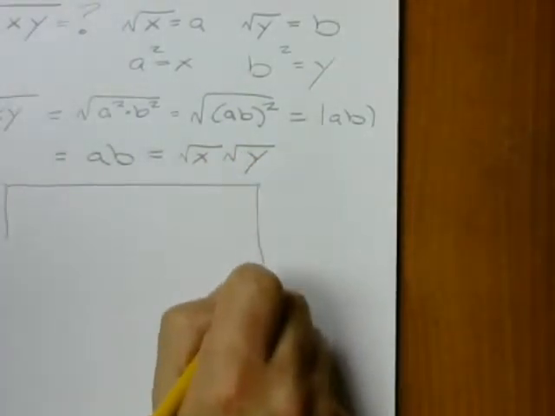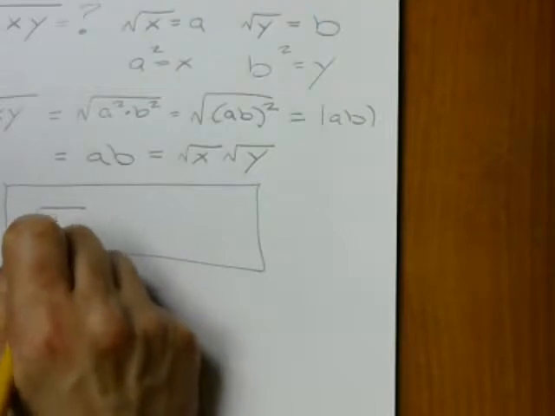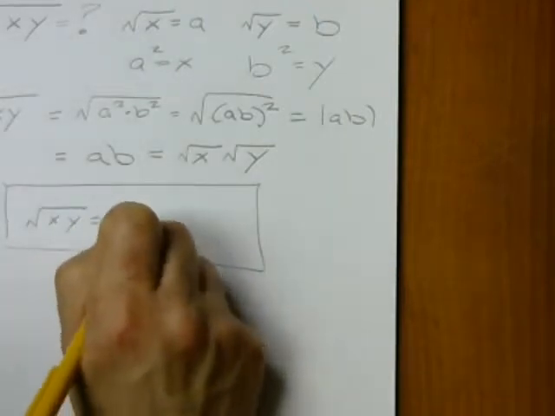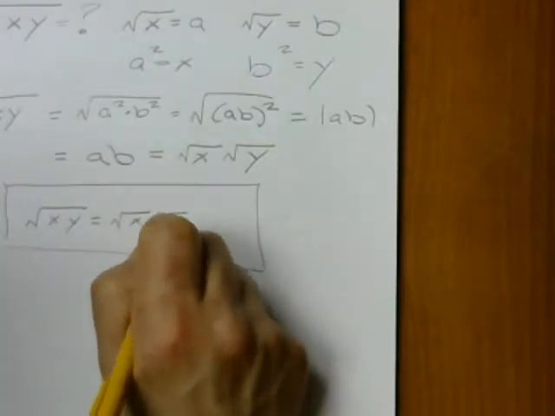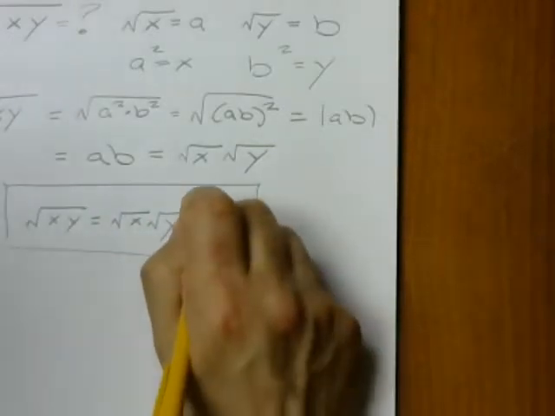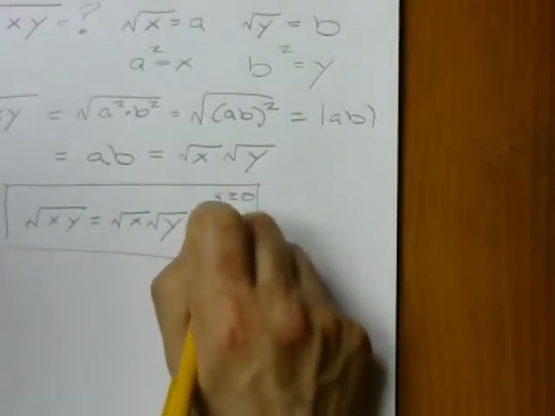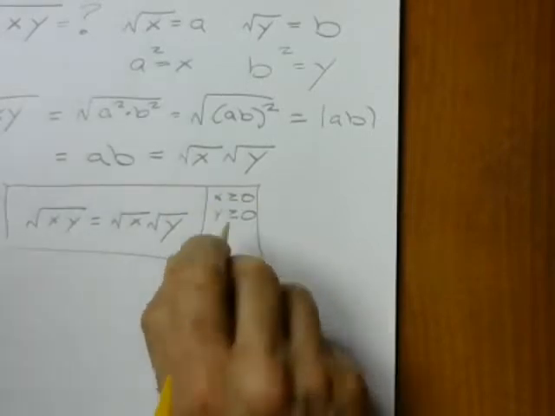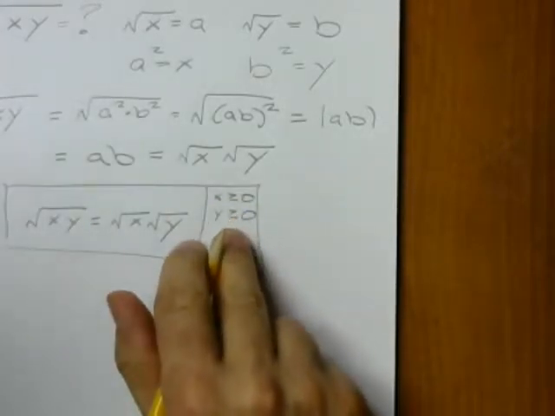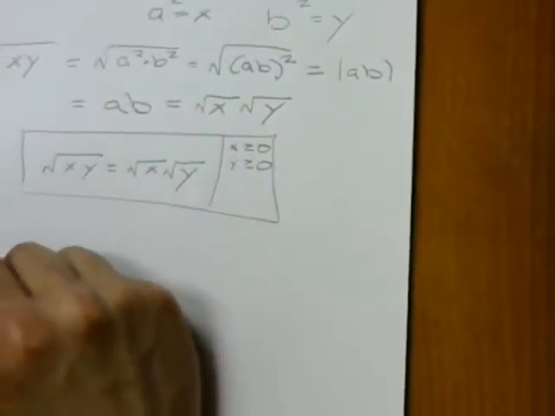So we get our rule. I will note that we assume the following, that x and y are both non-negative numbers.